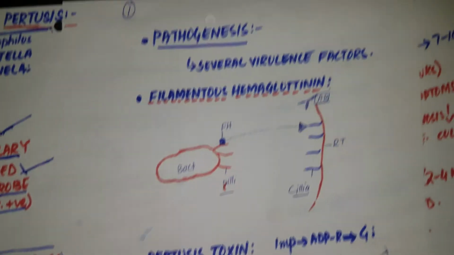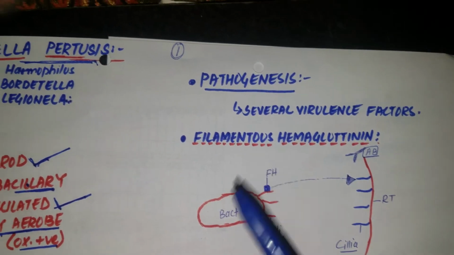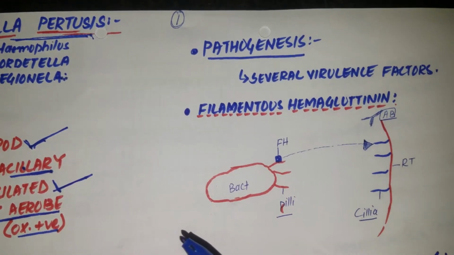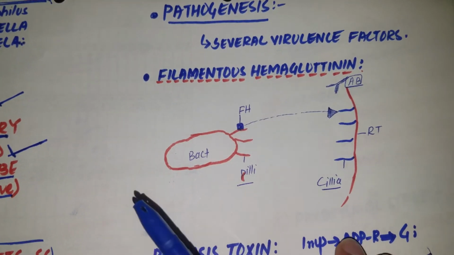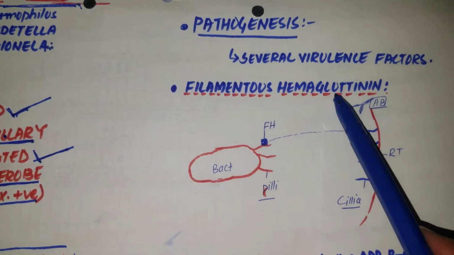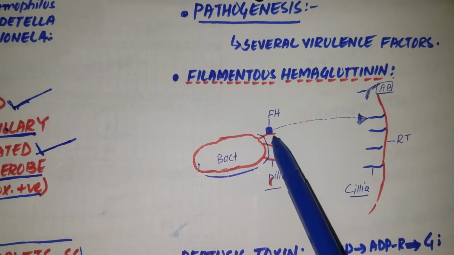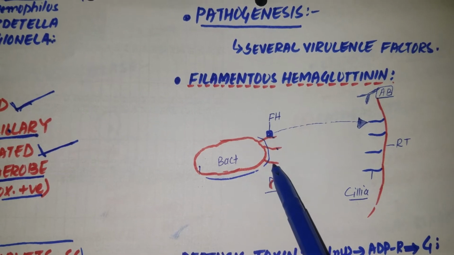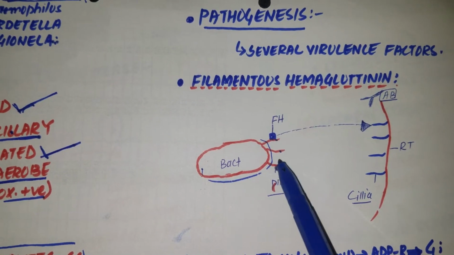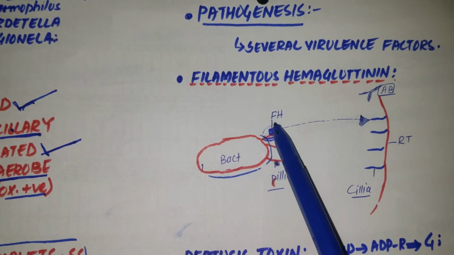Coming to the pathogenesis, which is very important for this organism, several virulence factors are involved. The first one is filamentous hemagglutinin. Let's suppose this is the bacterium, and these are villi on its surface. These villi have a protein known as filamentous hemagglutinin.